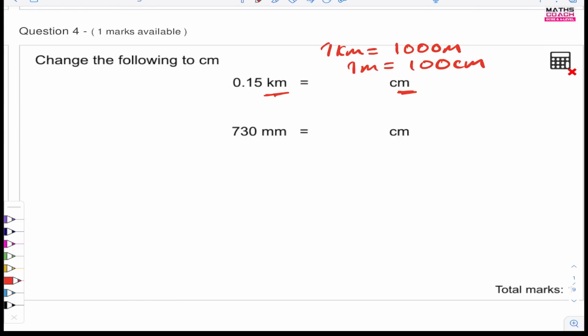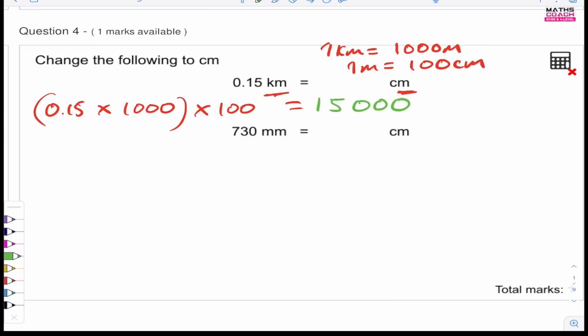Okay, so 0.15 we times by 1,000 first, and then we times that by 100, and that will give us our answer. So the answer is that 0.15 kilometers is equal to 15,000 centimeters.